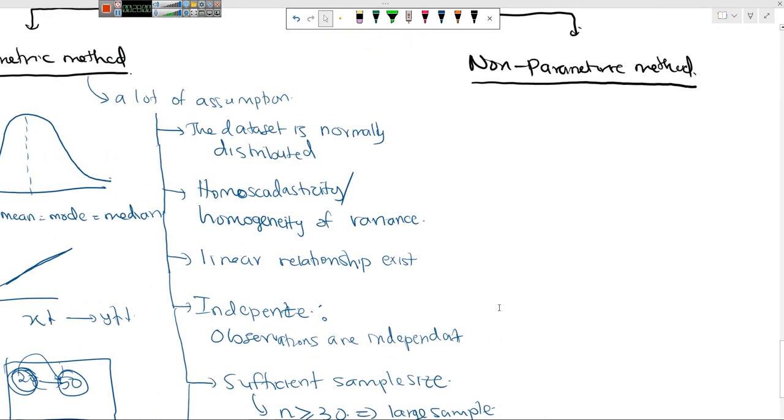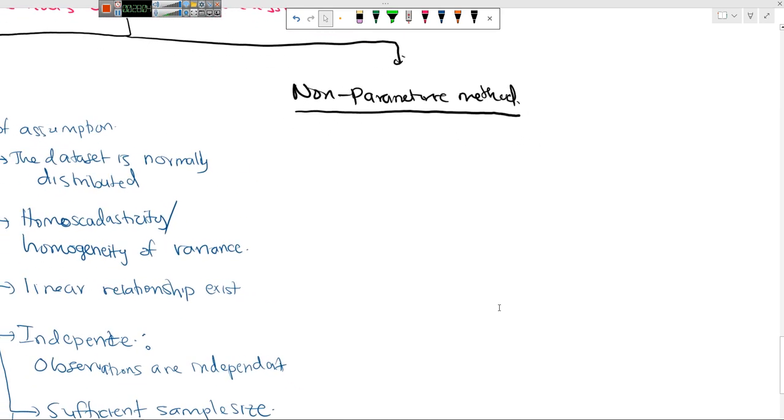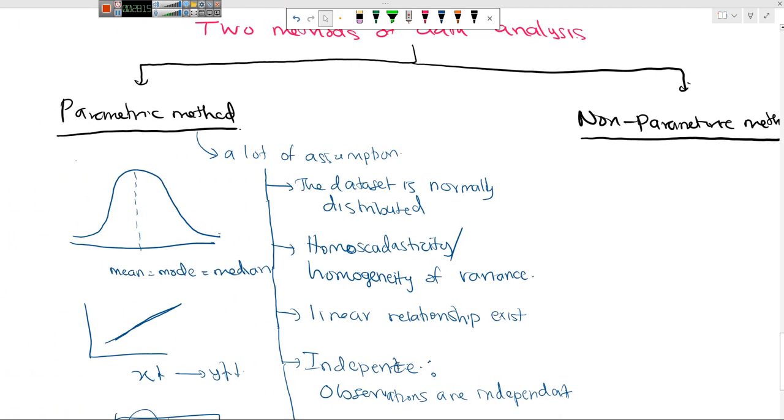Now we will move to our topic, that is non-parametric methods. We already discussed that when the data set is normally distributed, when it follows this type of distribution, we can go for parametric methods.